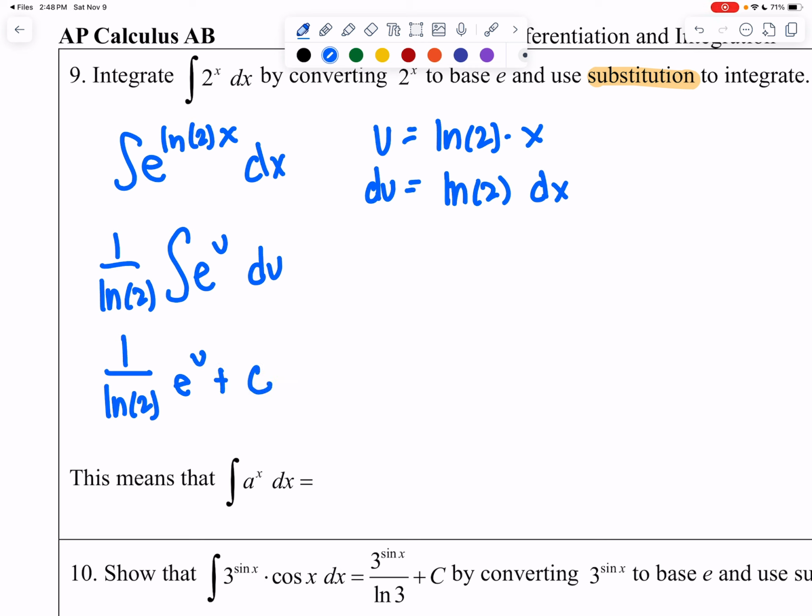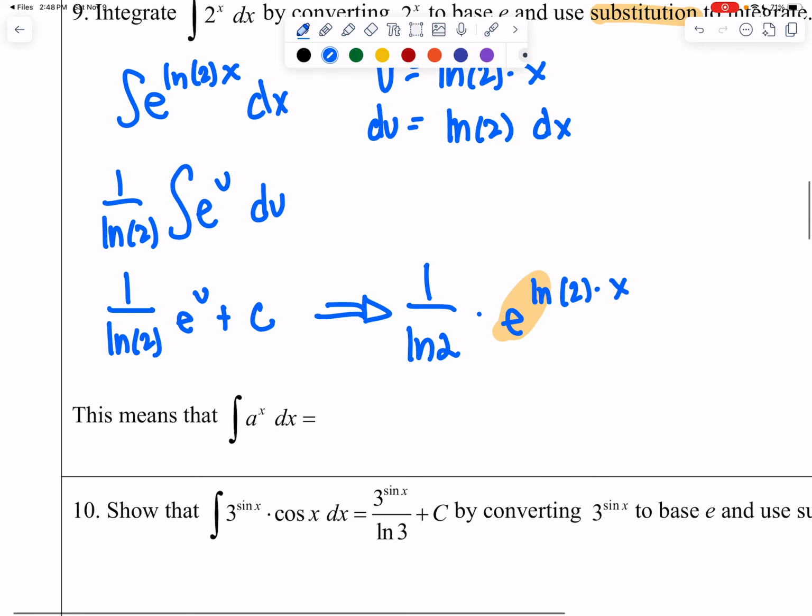And I know that u is ln of 2 times x. So now I have 1 over ln of 2 times e to the ln of 2 times x. And remember from earlier, we know that e and ln are inverses of each other, so they cancel out, meaning that I have 1 over ln of 2 times 2 to the x plus c.